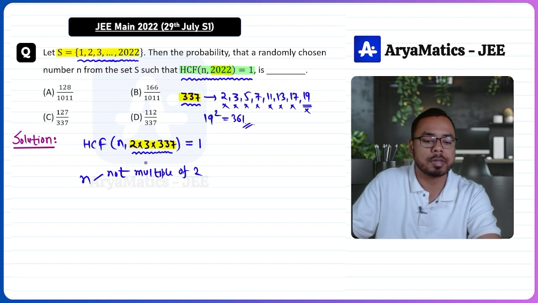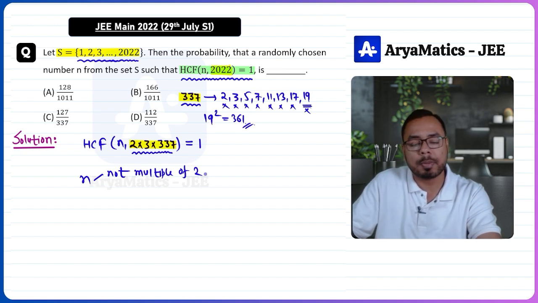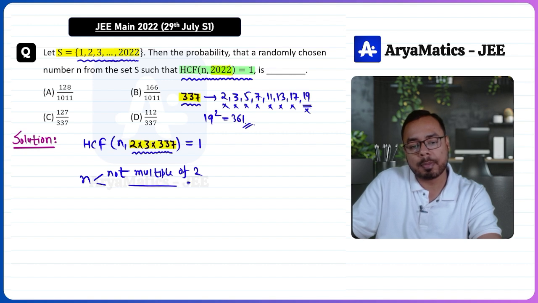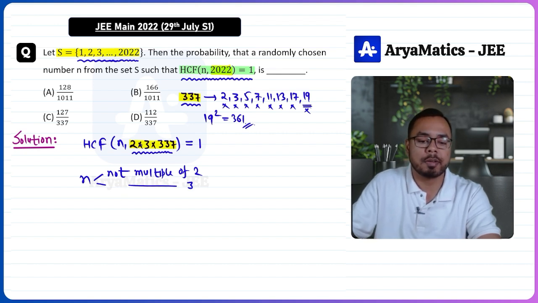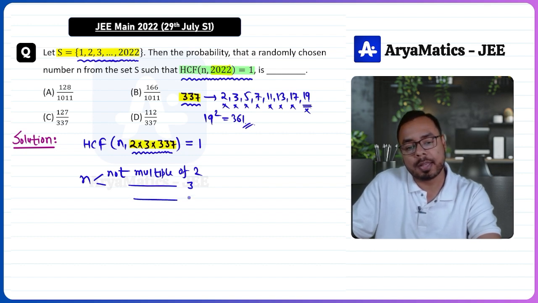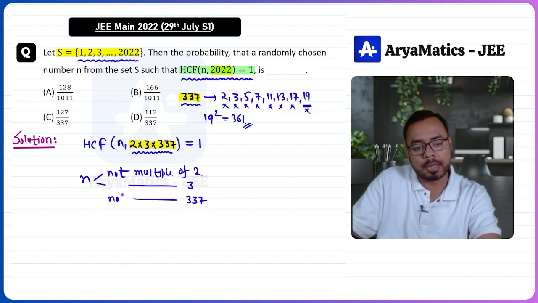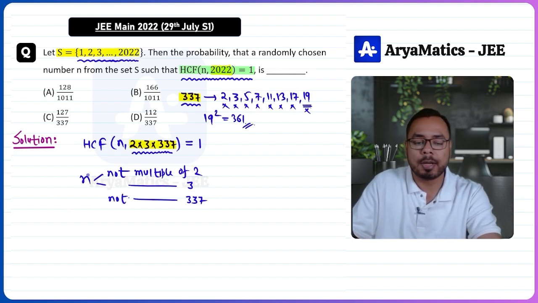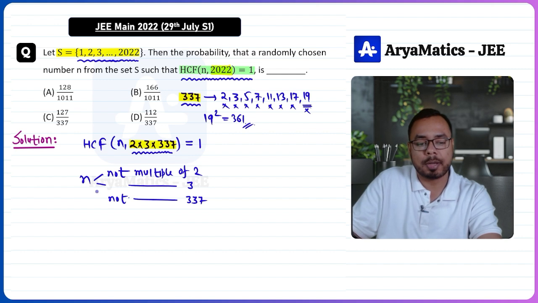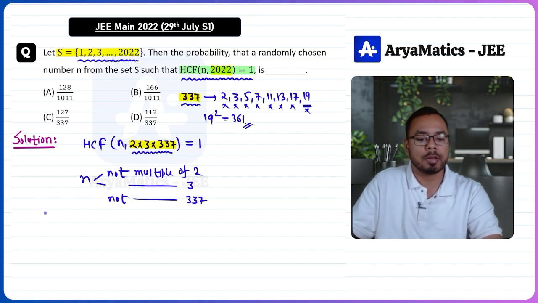If n is 4, then also HCF will be 2. So n cannot be a multiple of 2. Similarly, n cannot be a multiple of 3, because then HCF will become 3. And finally, n should not be a multiple of 337 also. n is neither a multiple of 2 nor of 3, nor of 337.